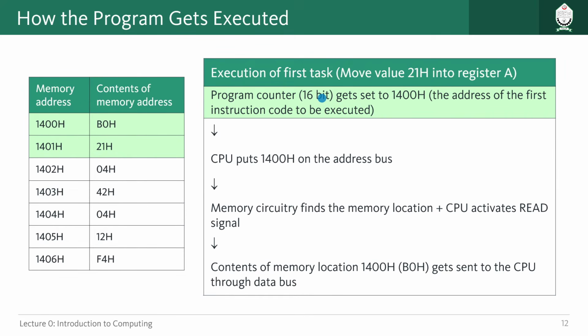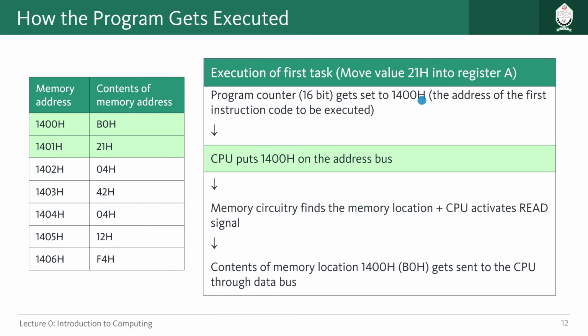The program counter also has to be 16-bit because it points to an address in the ROM to fetch data, so it has to be the same length as the address bus. That's why the program counter gets set to 1400H. This is the address of the first instruction to be executed, and that's why it should be set to 1400H first.